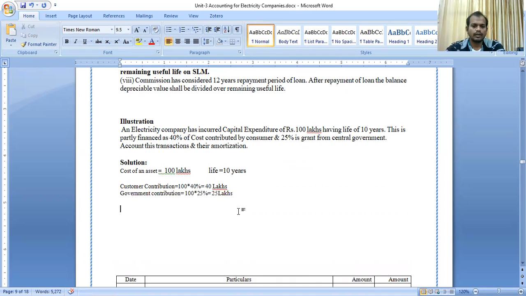So we have to calculate the depreciation. What is the depreciation formula? Depreciation is equal to cost of asset minus salvage value, by life of asset.